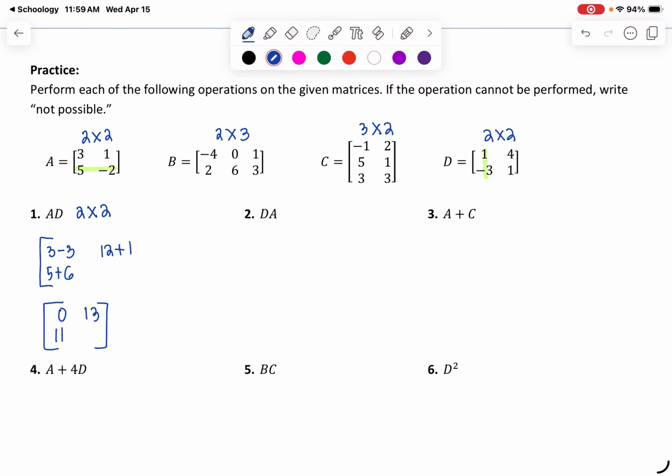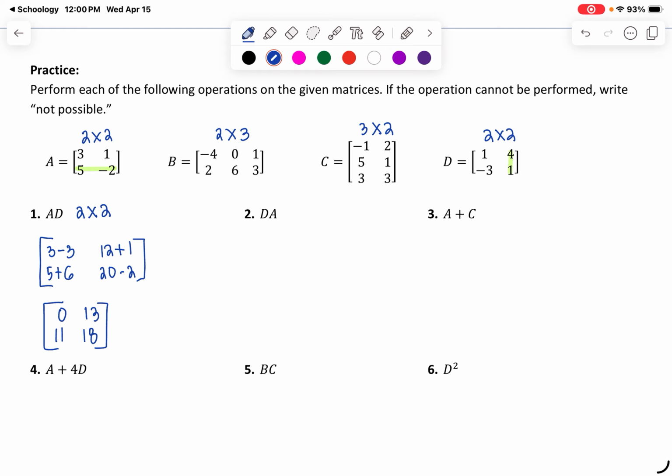So I get 11. And then lastly, row 2, column 2. 5 times 4 is 20. -2 times 1 is a -2. So I have plus -2 or just -2. And I get 18. So 0, 13, 11, 18, a 2 by 2 matrix.